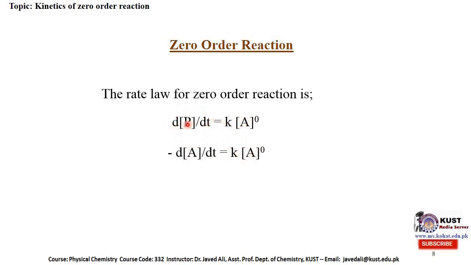P represents the concentration of product, while A represents the concentration of reactant. So this equation represents the rate of formation of product is equal to Ka power 0. And this equation represents the rate of decrease in reactant concentration is equal to Ka power naught.